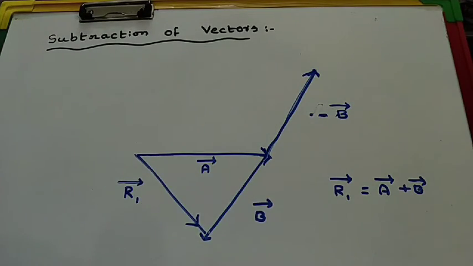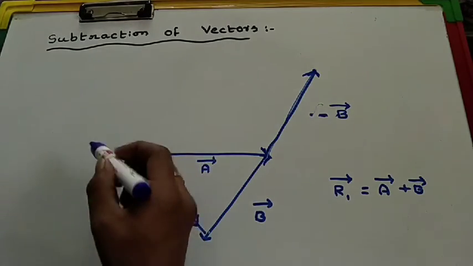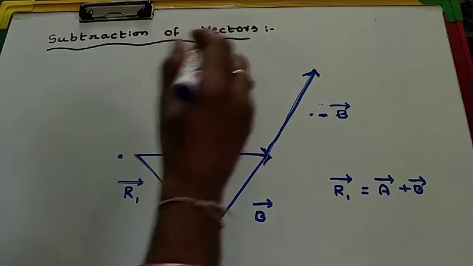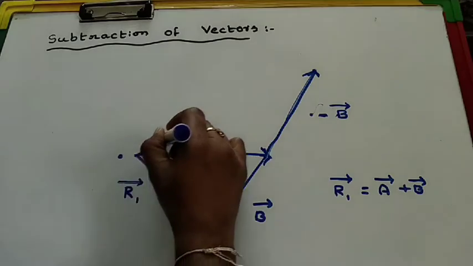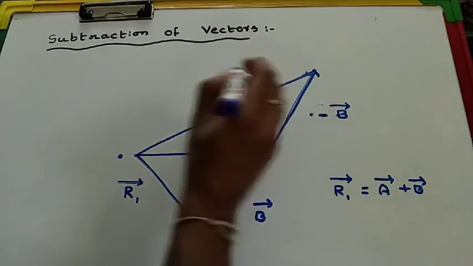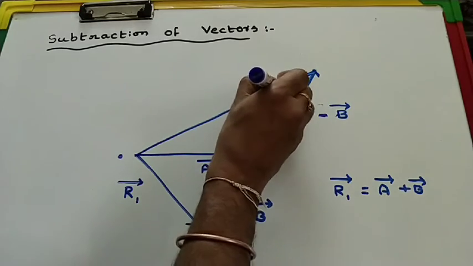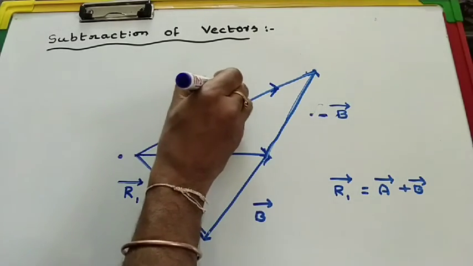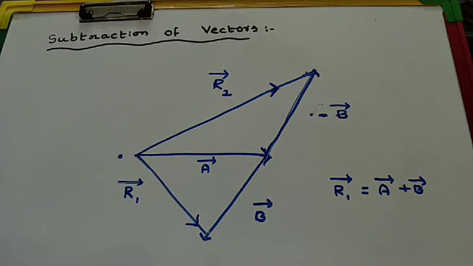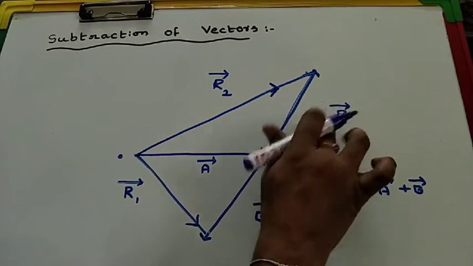Now I want to draw a resultant from point O to that one, like this. So this is resultant R2 vector. This is minus B vector.